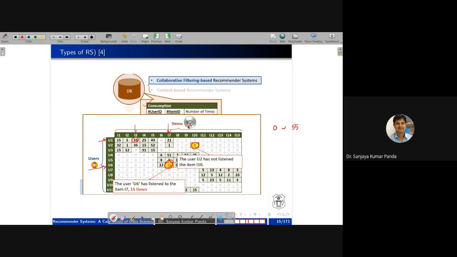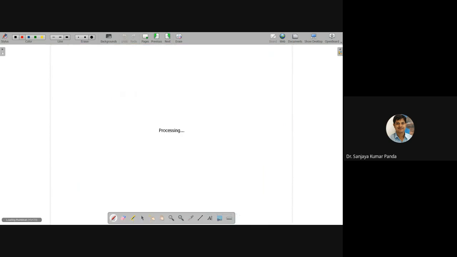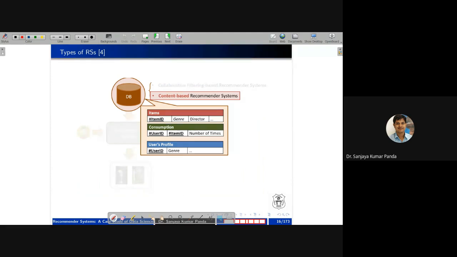Right? Now, if you go for a content-based recommendation system, this is your content-based recommendation system. What you have seen as the difference in the previous one, the collaborative filtering system, is that we are finding similarity between different users. But here we are focusing on similarity between different items, right?